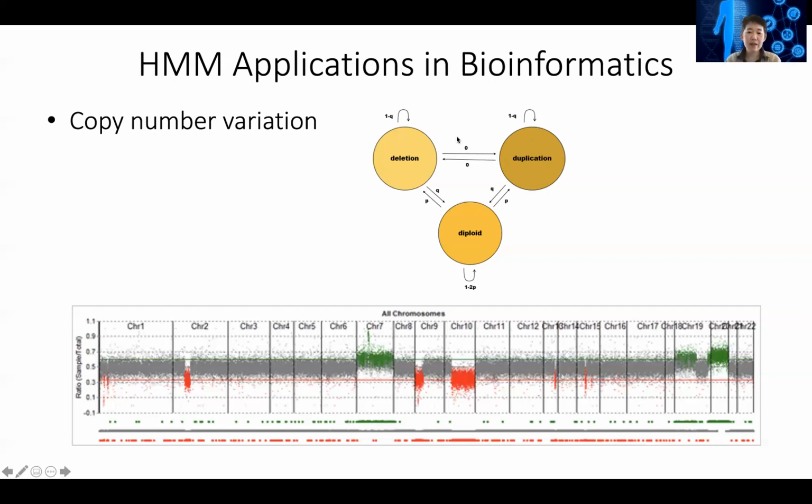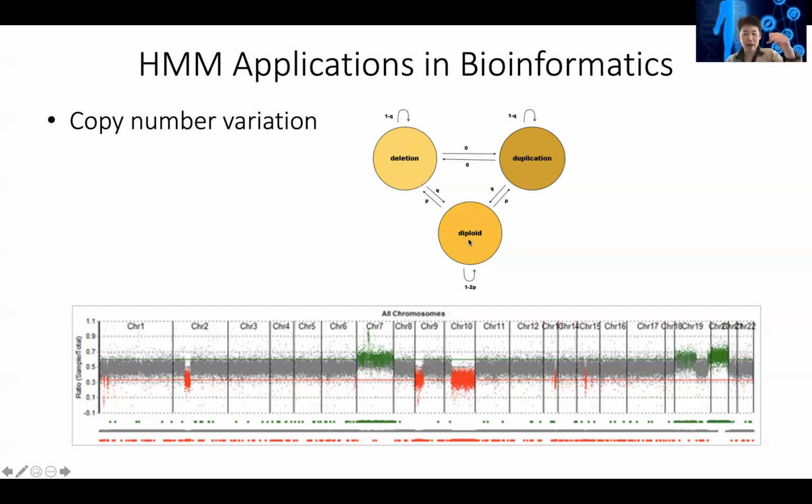You can imagine the hidden states are the diploid genome, which is probably the majority of the regions. So that has a very strong initial probability and a strong transition probability to stay in the diploid state, but occasionally you might see a deletion or a duplication. In this case, there's zero probability to go from a deletion directly to a duplication and vice versa.